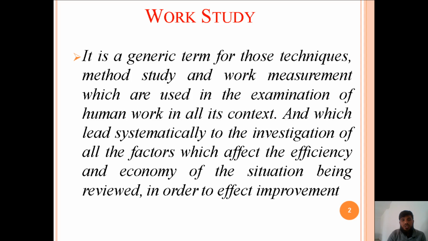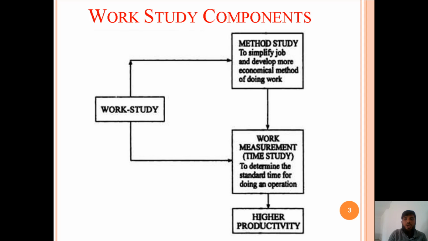Because as a production engineer, your first aim should be to reduce the cost of the product as well as improve the quality of the product. For that reason, we have to check the best method for maintaining the quality, and for reducing the cost you should look at the economic method, which is the easiest method.